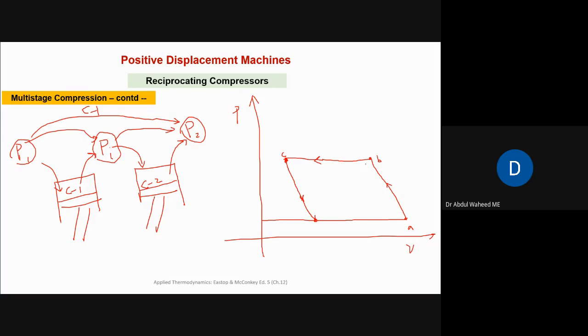Okay, so here again, so now the gas will leave at this intermediate pressure, PI, this one, from C1, so that represents C1. And also here we are assuming that the delivery process from this first or low pressure compressor and to the second compressor, it is at same pressure PI.